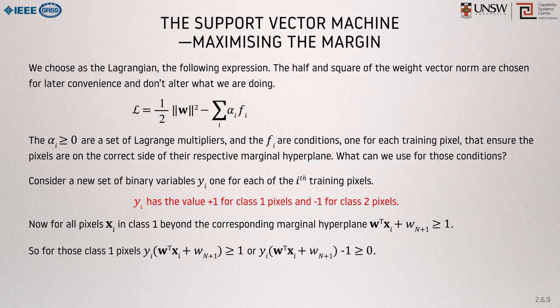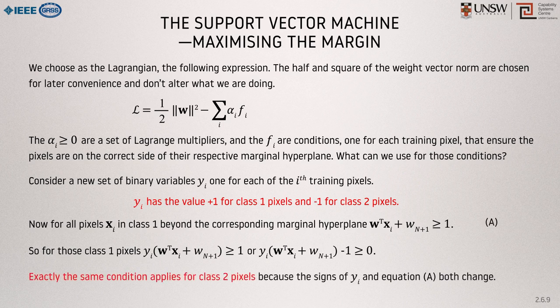We choose as the conditions that ensure all the pixels stay on the respective correct sides of their hyperplanes that y_i (w^T x_i + w_{n+1}) is equal to or greater than 1, or taking the 1 to the left-hand side, y_i (w^T x_i + w_{n+1}) - 1 is equal to or greater than 0.